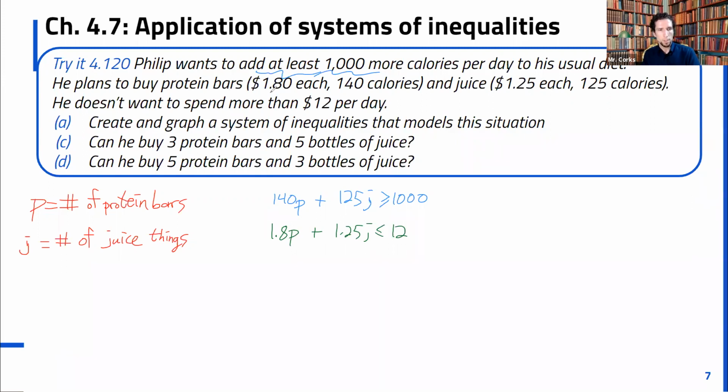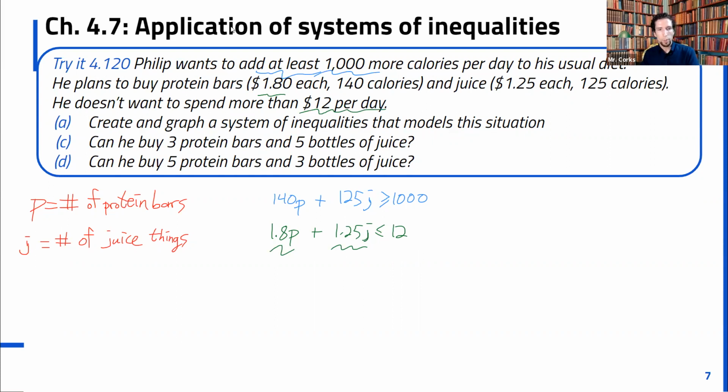So protein bars cost $1.80 each, and times number of protein bars will give us the cost there. Same for J, and then less than or equal to 12 because he doesn't want to spend more than $12. So spending exactly $12 is okay. Spending less than $12 is great, but can't go over. So must be less than or equal.